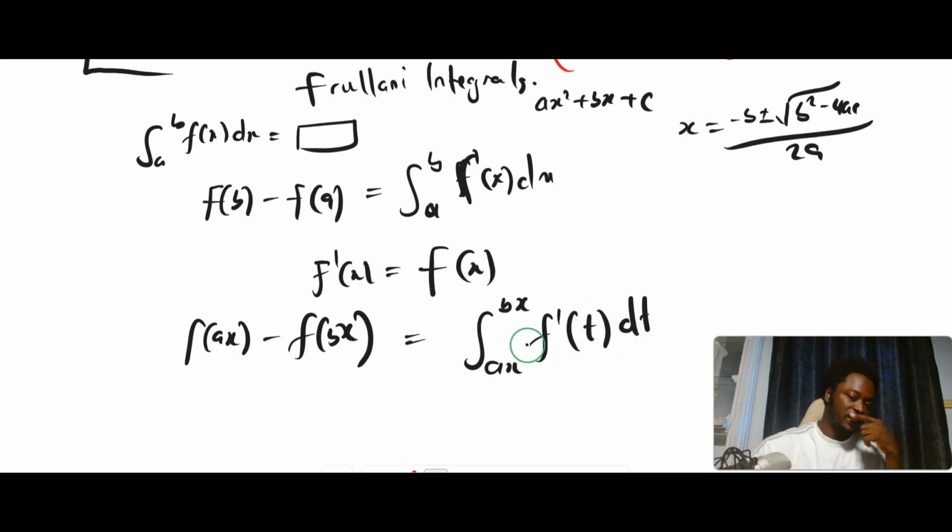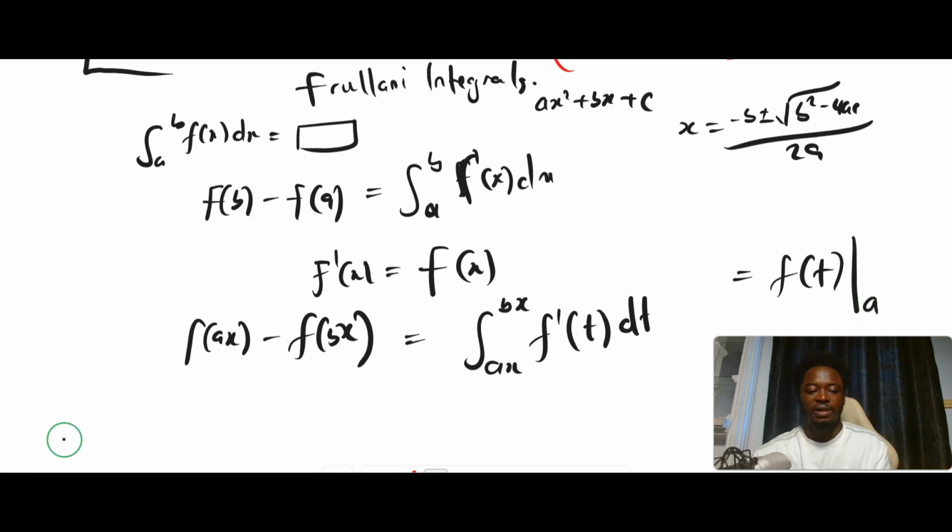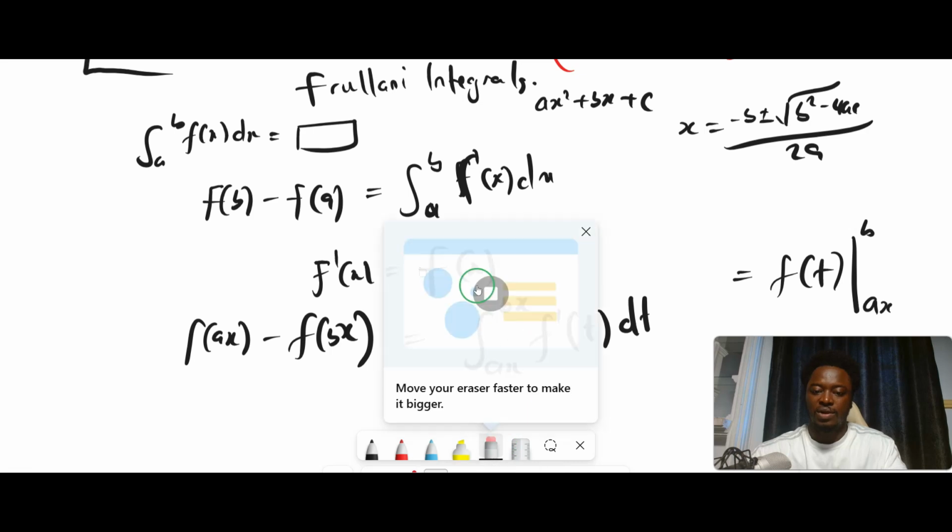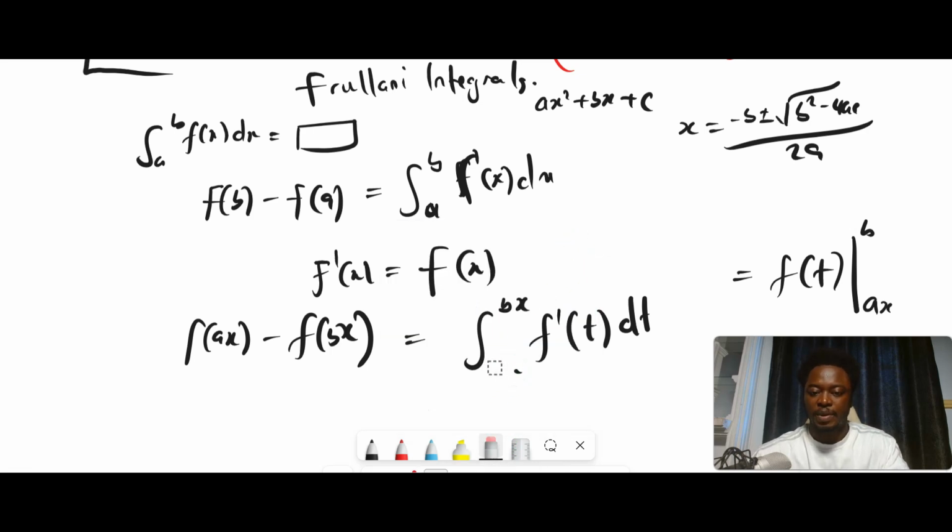Because the integral of F prime of t is just going to equal F of t, and then you plug in the limits. We're going to have bx at the bottom and ax at the top. So that means this is going to equal F of ax minus F of bx.